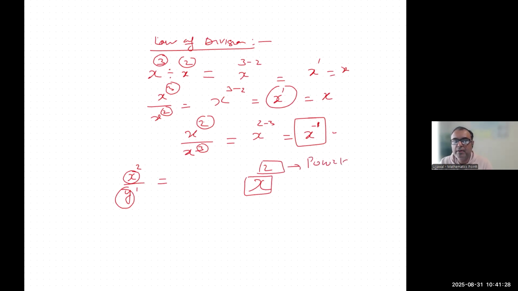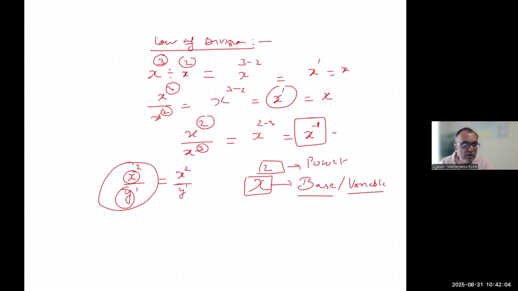This is not called the variable anymore; in technical terms, this is called a base. But for your simplicity, I'm using the word variable. So the variable or the base needs to be the same. Since they are different, I cannot play around. So the answer will still be x squared over y to the 1. I cannot touch them. Eklavya, is it clear?